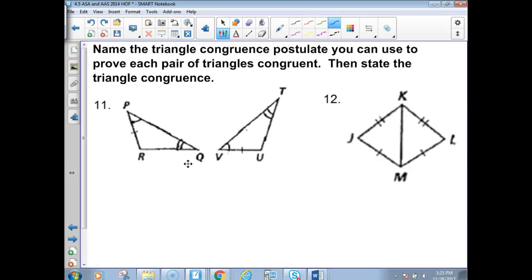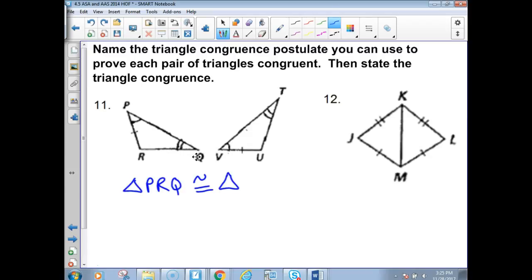Okay, somebody shout me out a triangle congruence statement. Please give me the left triangle. PRQ? That's what I heard you say. I hope that's right. Okay, now I need to know how to write the other side. Who wants to volunteer to get this in the right order?